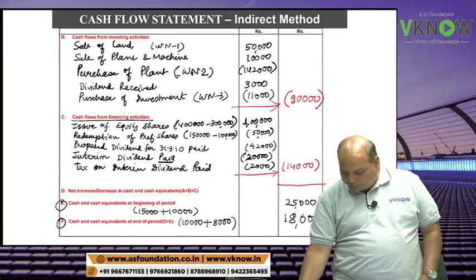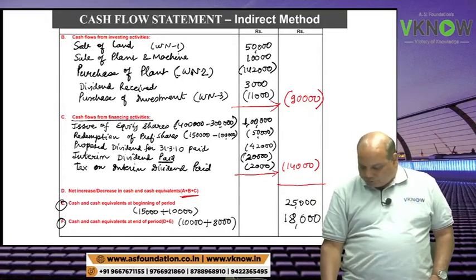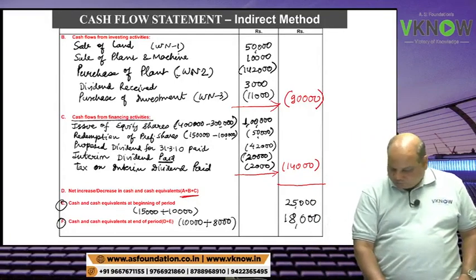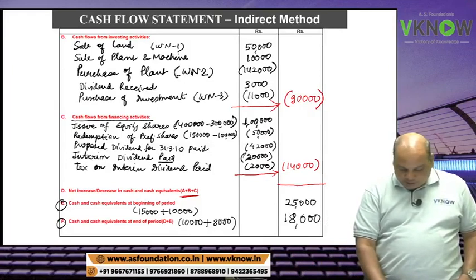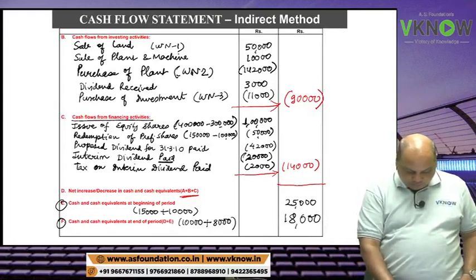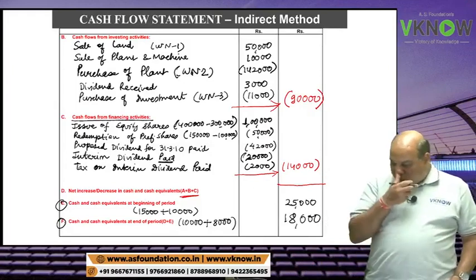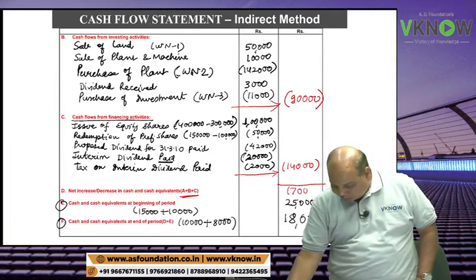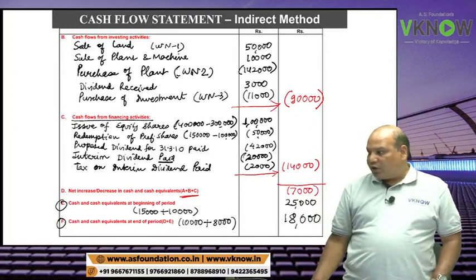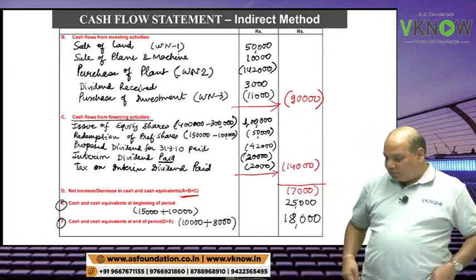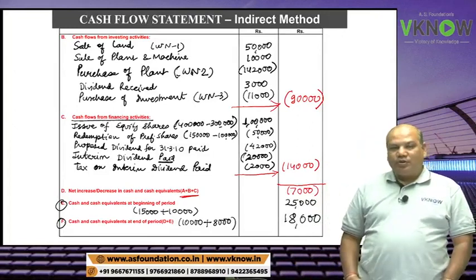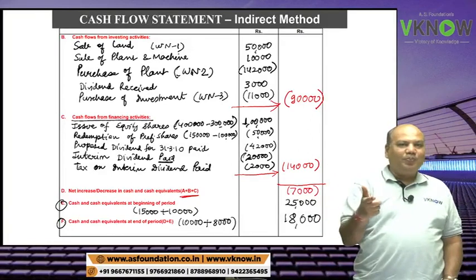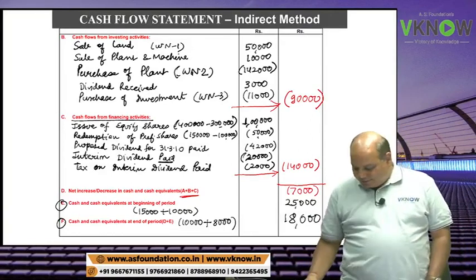Okay. So tell me the total now. Total of A plus B plus C. So 97,000 minus 90,000 minus 14,000. So we are getting a net decrease of 7,000 rupees. And now, important point.